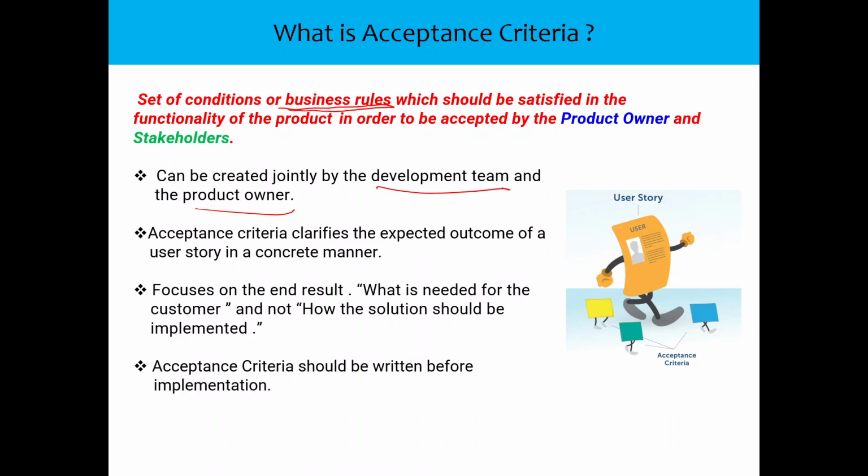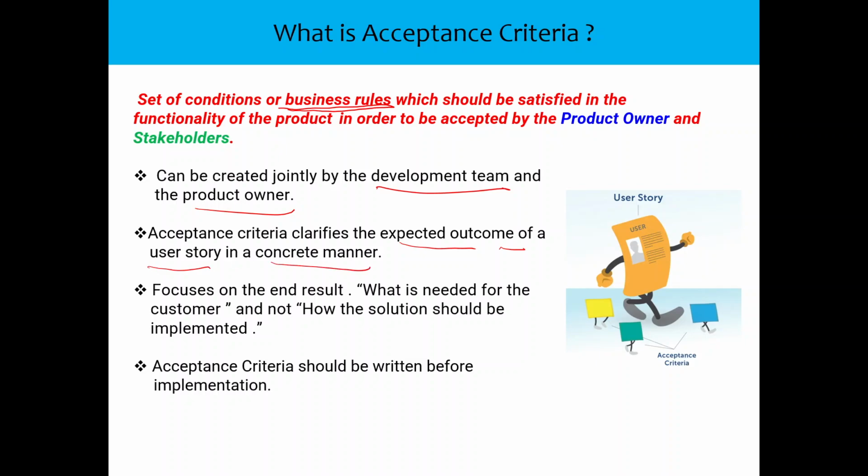Again, acceptance criteria is written from the perspective of business. So either the customer or the product owner works jointly with the development team to write the acceptance criteria. Acceptance criteria clarifies the expected outcome of a user story in a concrete manner.